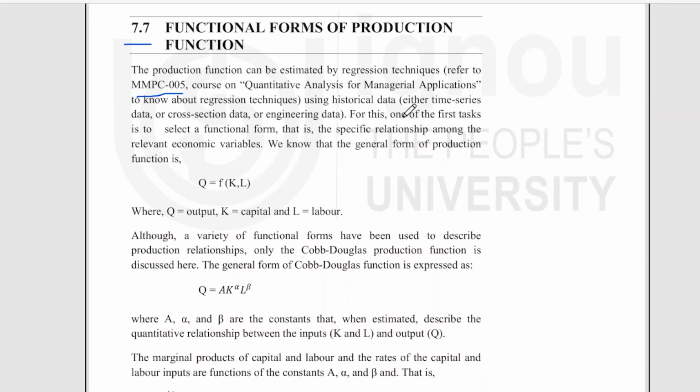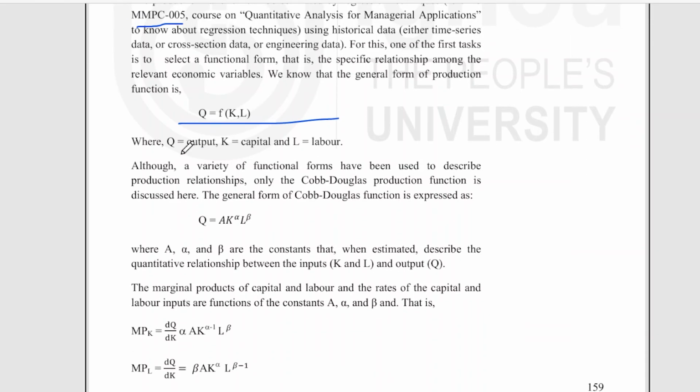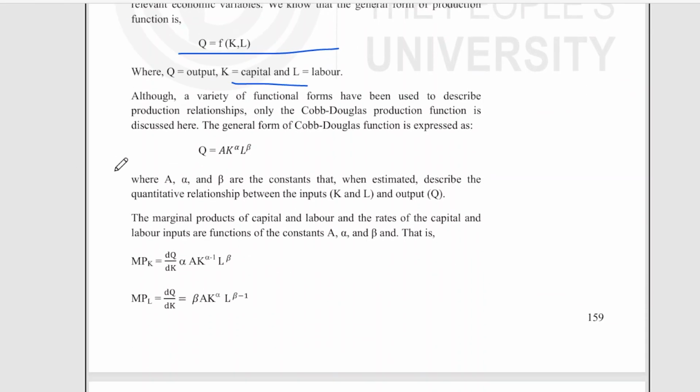Okay, so for this, one of the first tasks is to select the functional form, that is the specific relationship among the relevant economic variables. So we know the general form of production function is Q is equal to F of K and L. Here Q is output, K is capital, and L is labor. Although a variety of functional forms have been used to describe production relationships, only the Cobb-Douglas production function is discussed here.